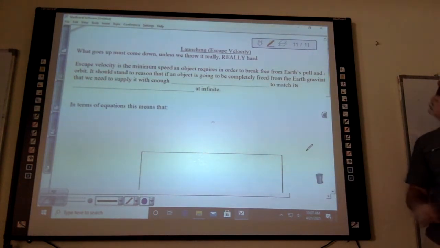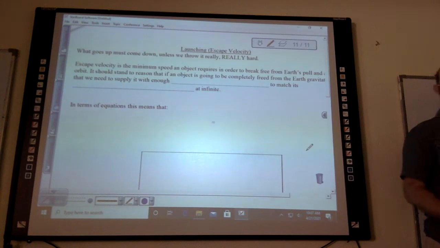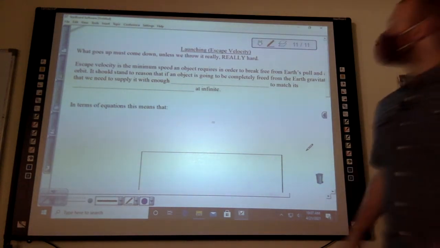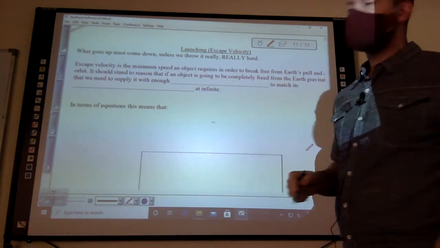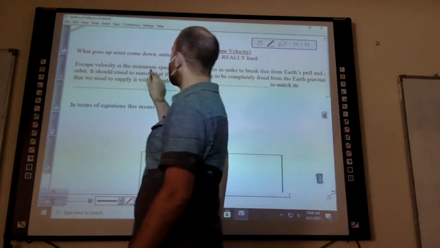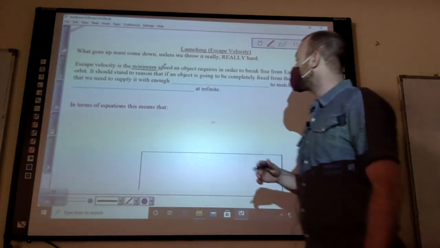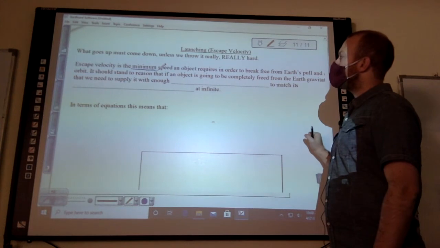So if you can throw something up at this speed, it's going to escape Earth's gravity. Something that's handy to know. Notice this is the minimum speed, meaning anything above that, it will escape.